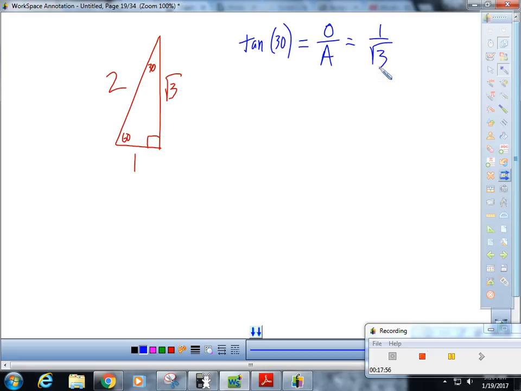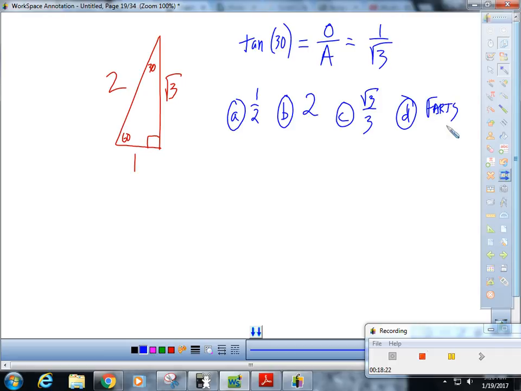But on your SAT or ACT, you might have these as your options. I think there are 5 options, but just bear with me. You might have 1/2. You might have 2. You might have radical 3 over 3. And you might have some dumb answer that you wouldn't pick. Okay?